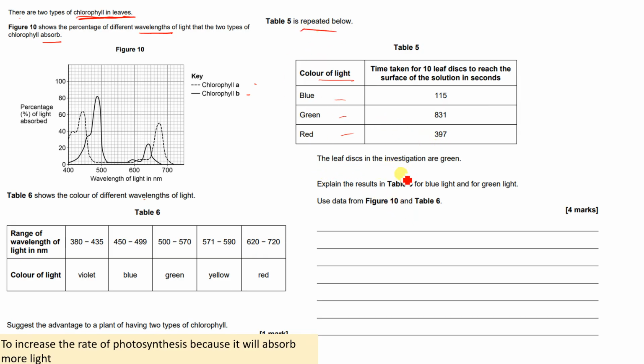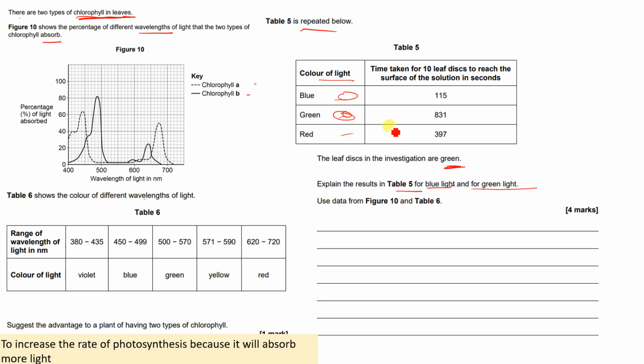Now the leaf discs in the investigation are green. Explain the result in table 5 for blue light and for green light. Use data from figure 10. So they want you to explain for blue light and for green light.